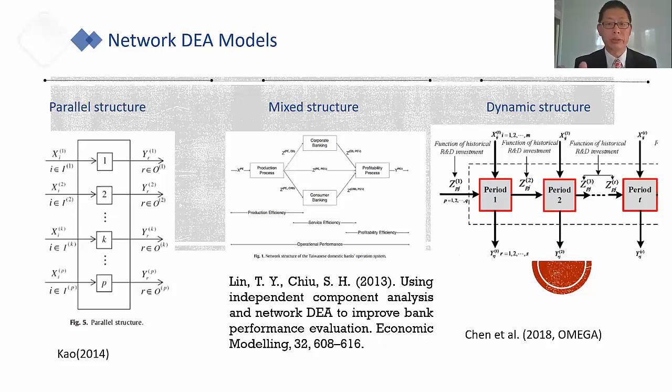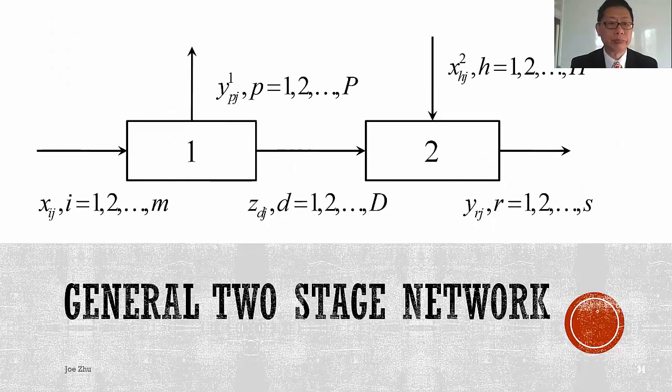You have a parallel structure, but you also have a relationship in a series. Okay, and then the other type of network DEA model is a dynamic structure. You have this dynamic impact as you go through different periods over time. So this is another dynamic structure.